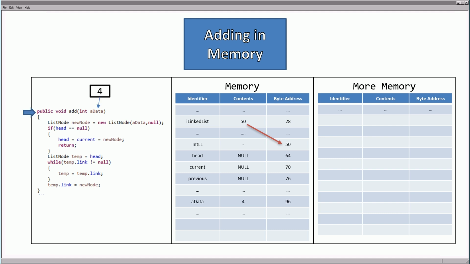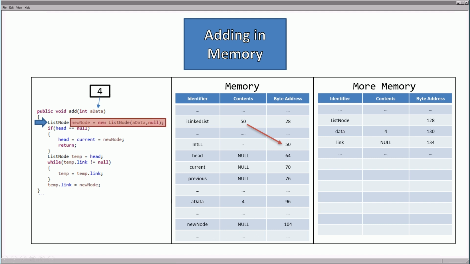Now, when we enter this add method, let's just say the first element was that 4. So starting right here, we've pushed this method onto the call stack, which means we have created space for this parameter, and we've stored the information 4 as data. The first step was to create a new instance of this node. The first thing that happens is we declare this new node, which currently refers to nothing.